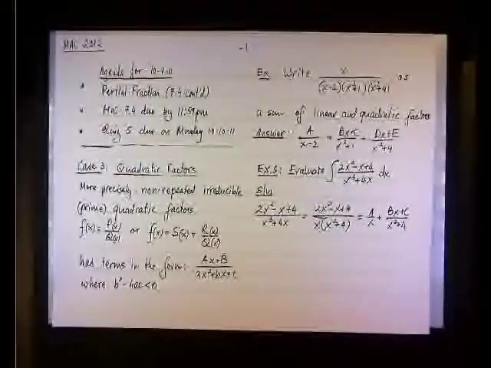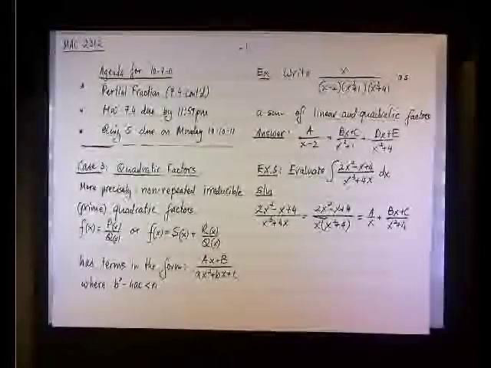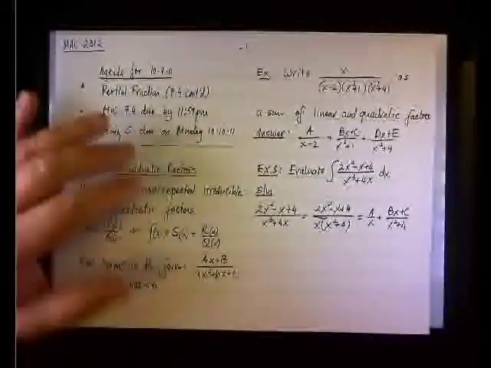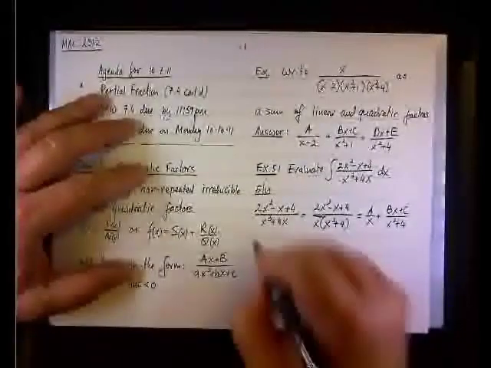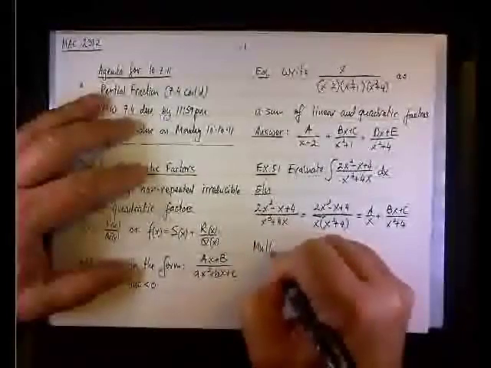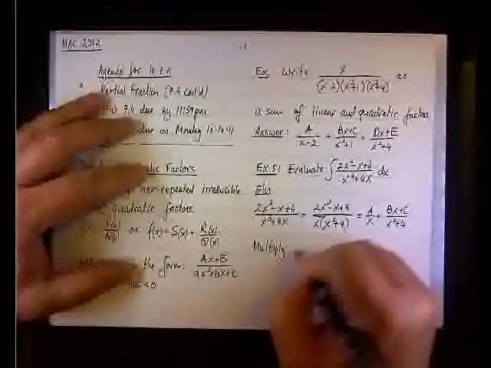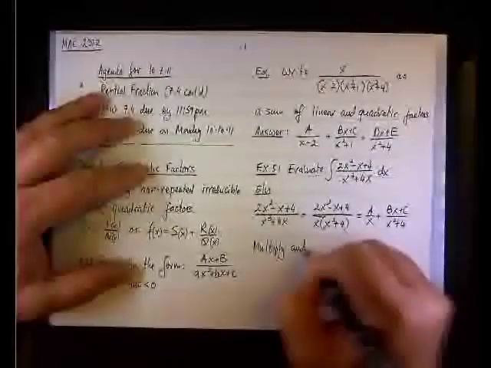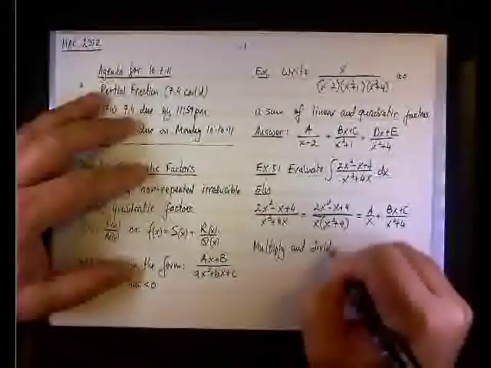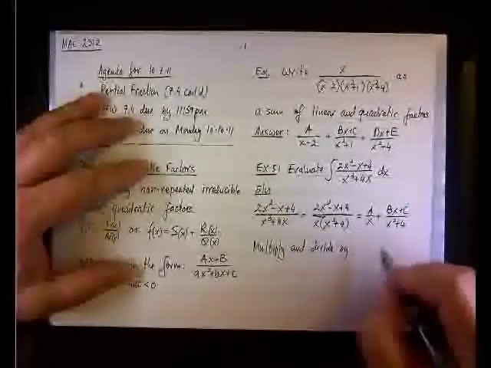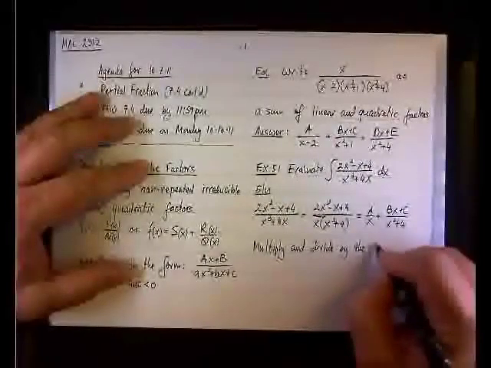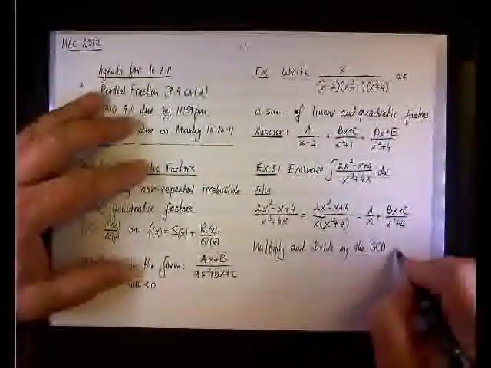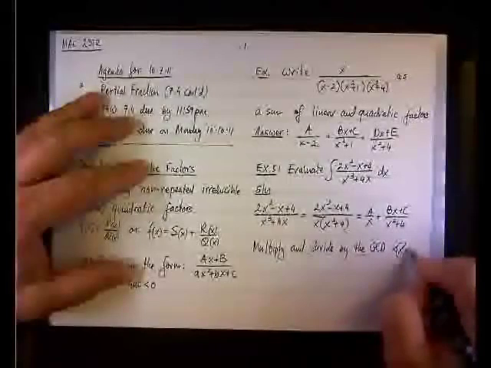Okay? Now we need to multiply and divide by the greatest common denominator, which is simply x times (x squared plus 4).